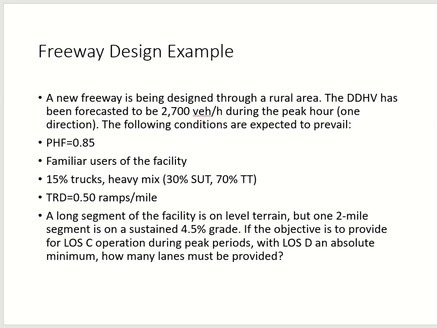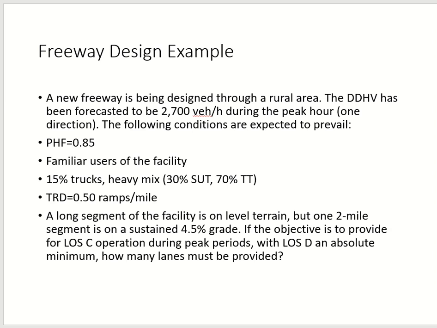Okay, so in this analysis, as we have done previously as well, we always start with what? Free flow speed. Okay, free flow speed for freeways. So I need 3 things. One of them is given.